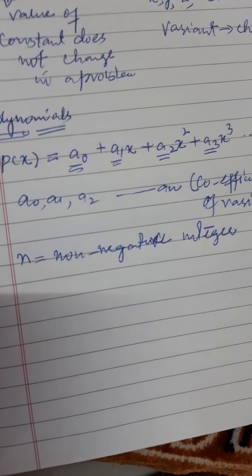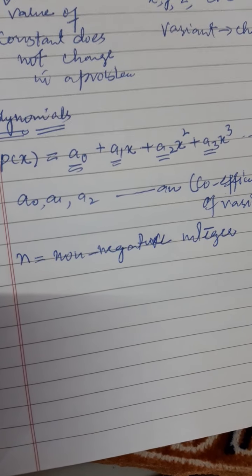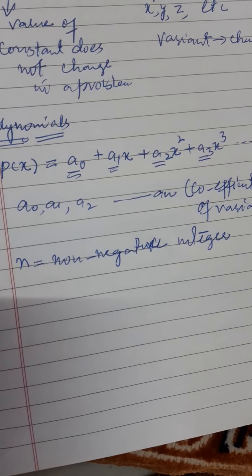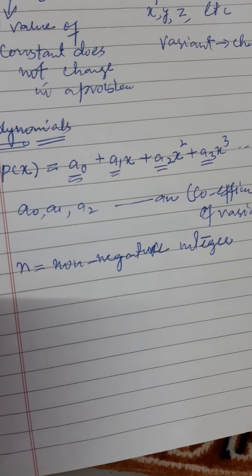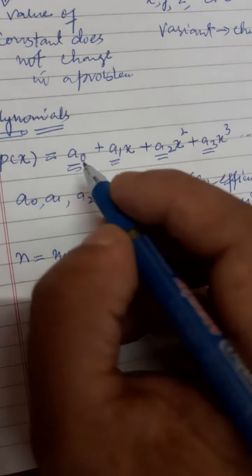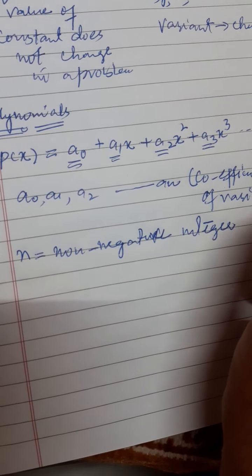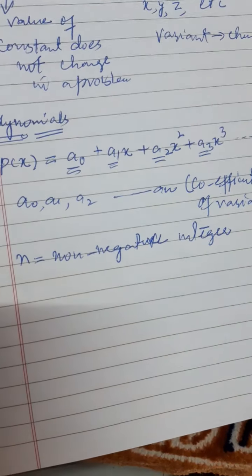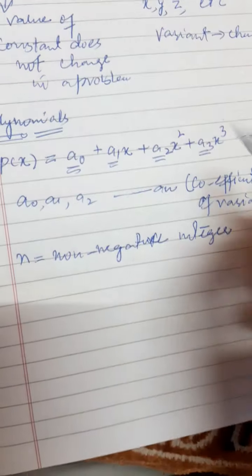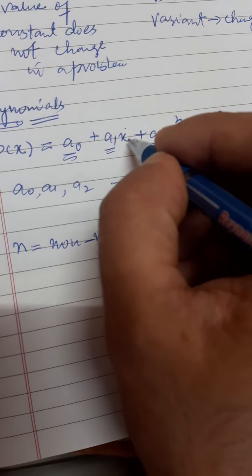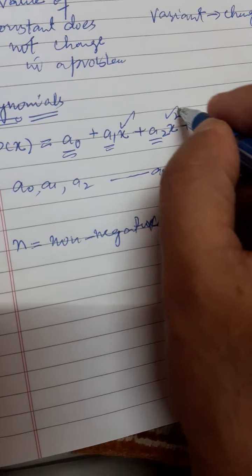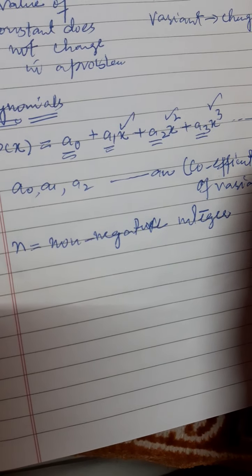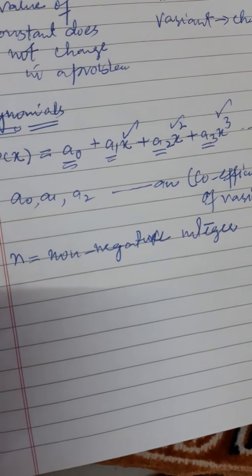A polynomial is equal to a0 plus a1x plus a2x square plus a3x cube plus dash dash an x to the n, where a0, a1, a2, a3 and an are constants, as I have told you earlier. They are the coefficients of the variable, while x is known as the variable in the equation.